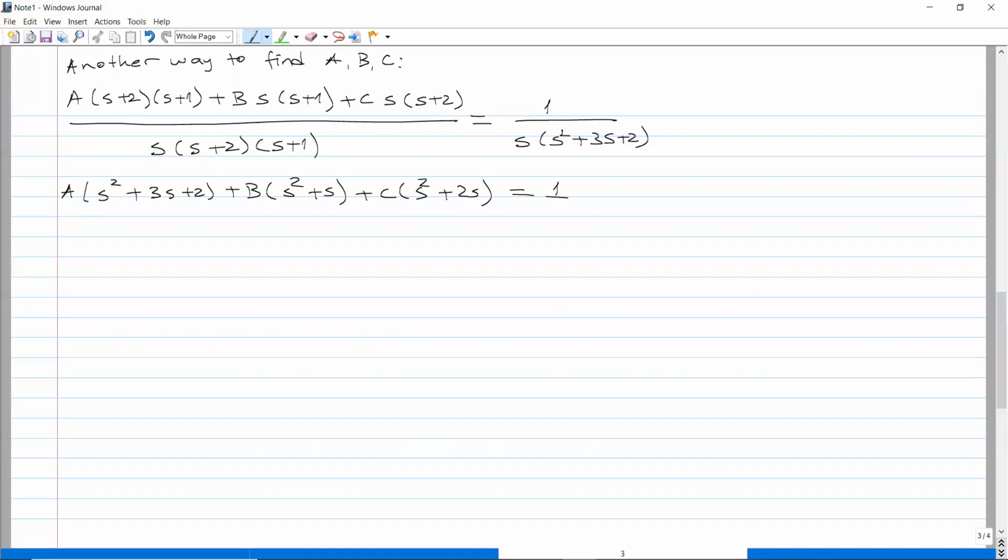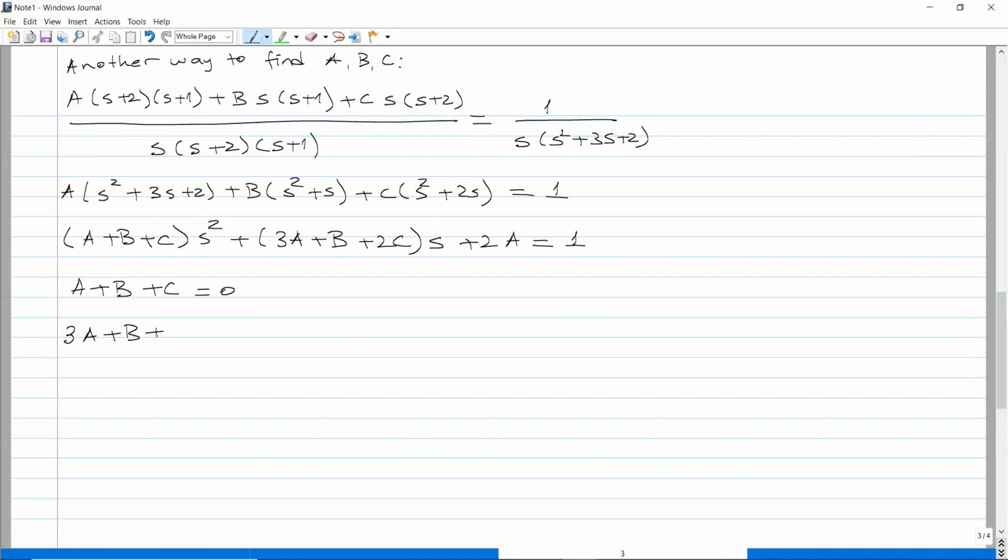So A plus B plus C, times s squared, plus 3A plus B plus 2C, times s, plus 2A should be equal to 1. This means A plus B plus C should be 0. 3A plus B plus 2C should be 0. And 2A should be 1. So we need to solve these three equations to find A, B, C.